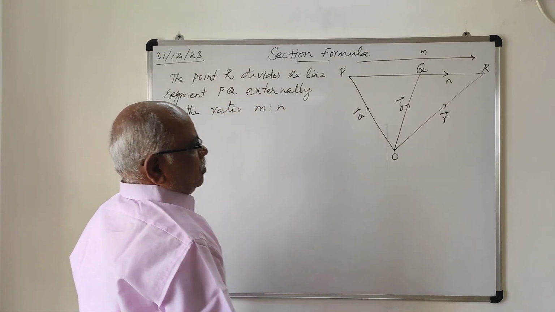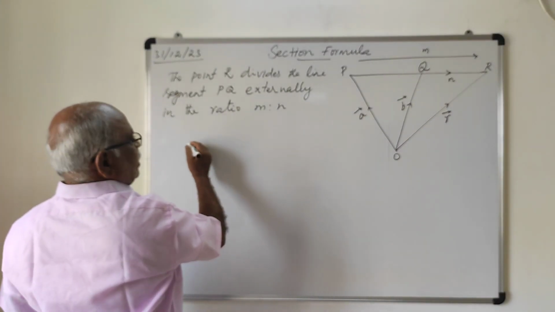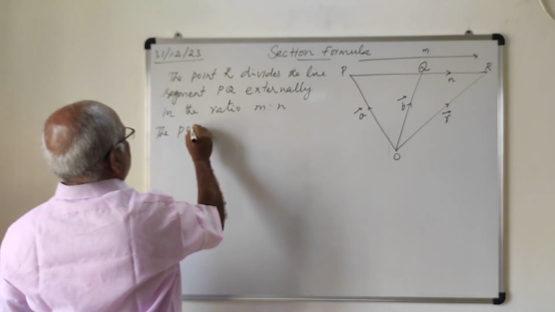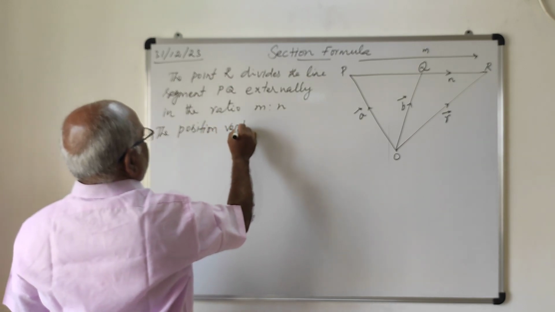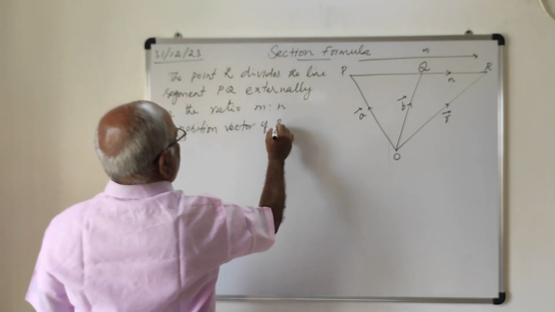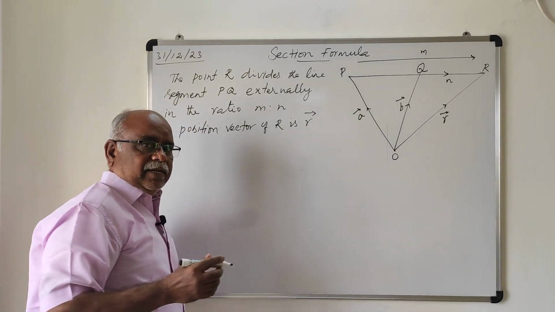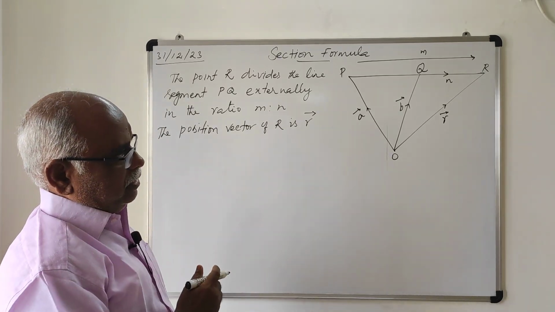If it is the case, we have to find out what is the position vector of the point R. We have to find out the position vector of R. We have taken that the position vector of R is small r vector. We have to find out that r vector.